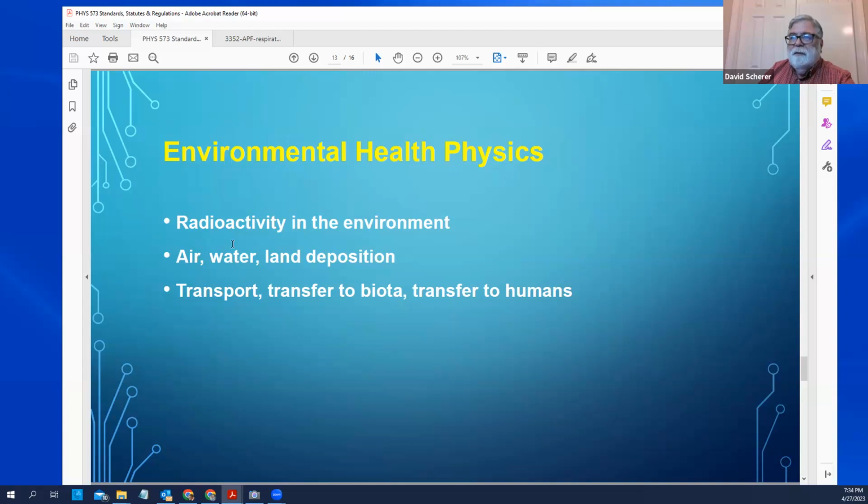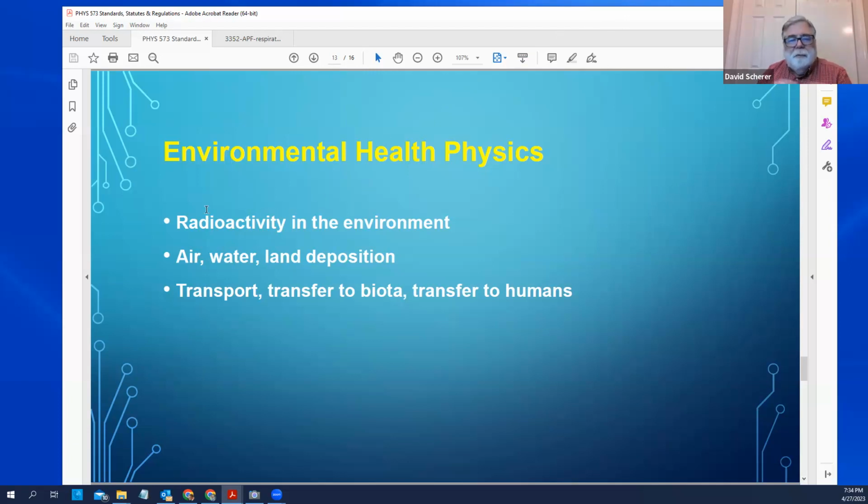Another area of interest in environmental health physics is dealing with future contamination. When a facility that has worked with radioactive material is going to be closed, that facility needs to be decommissioned effectively so as to protect future generations. Those decontamination and decommissioning operations are part of the whole area of environmental health physics.